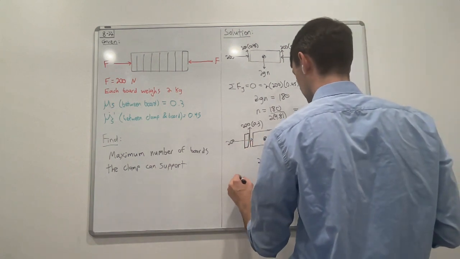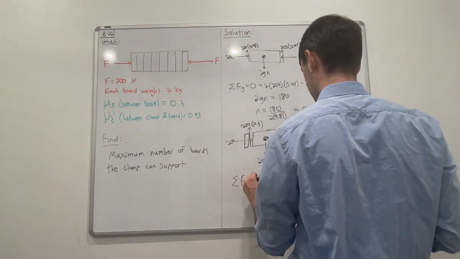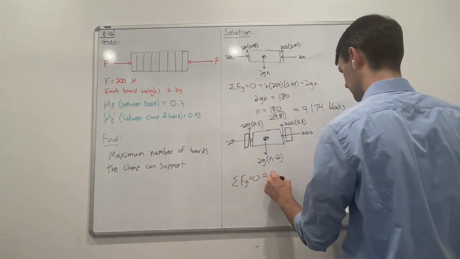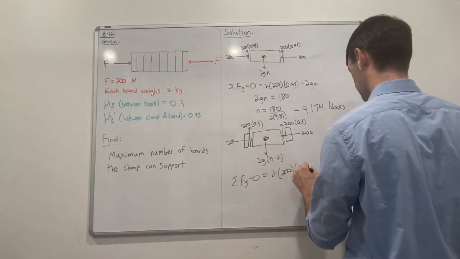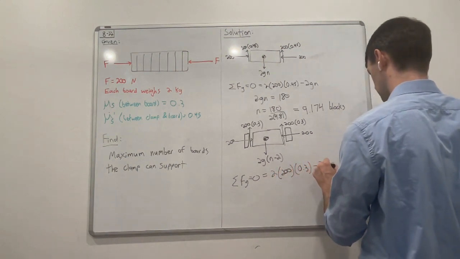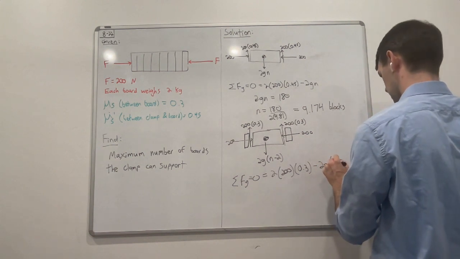So let's do the sum of forces in y again. It equals 2 times 200 times 0.3 minus 2g times (n minus 2).